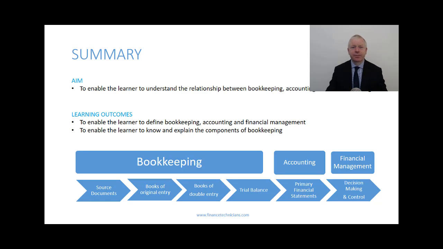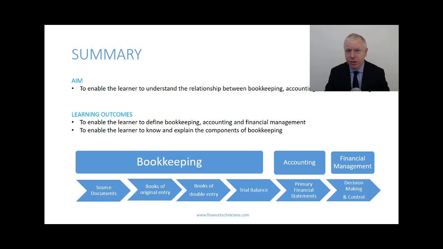So here's our summary. The aim was to enable the learner to understand the relationship between bookkeeping, accounting, and financial management. So at this stage, you should be aware that bookkeeping is the starting point of the financial system of any particular organization. And it leads on to the accounting, and then that leads on to financial management. You should also be aware that bookkeeping comprises 4 elements.